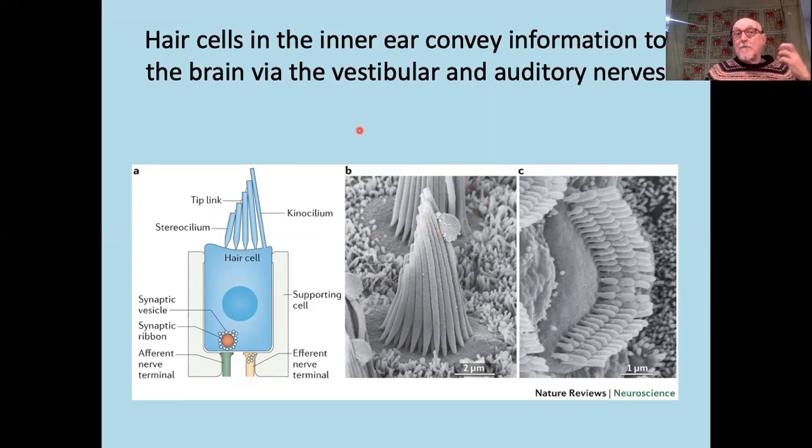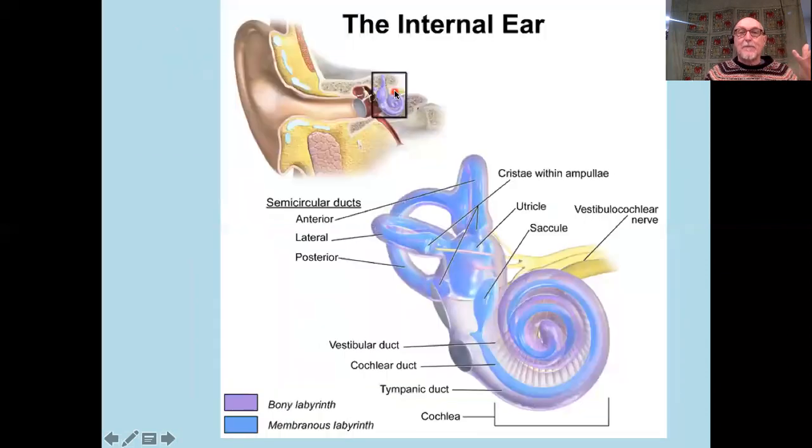The hearing cells communicate via auditory nerves, via the cochlear nerve, which is an auditory nerve, to the brain. The semicircular canals communicate via the vestibular nerve, and they are going to communicate balance and movement, a sense of balance and a sense of movement.